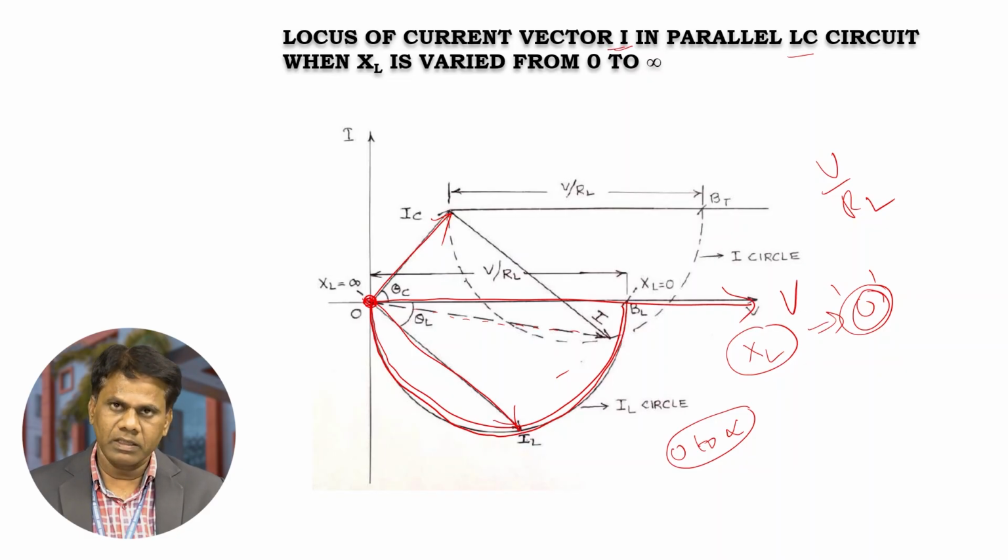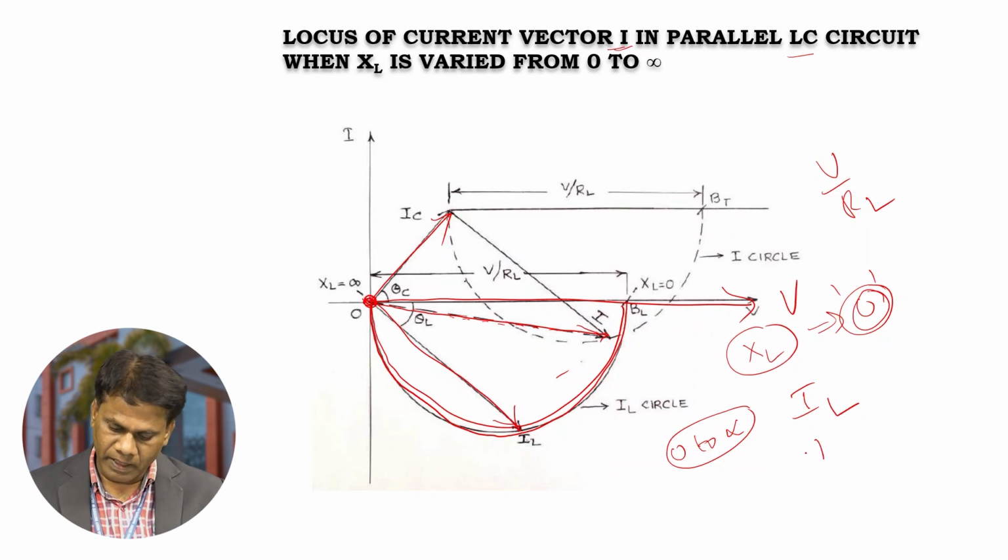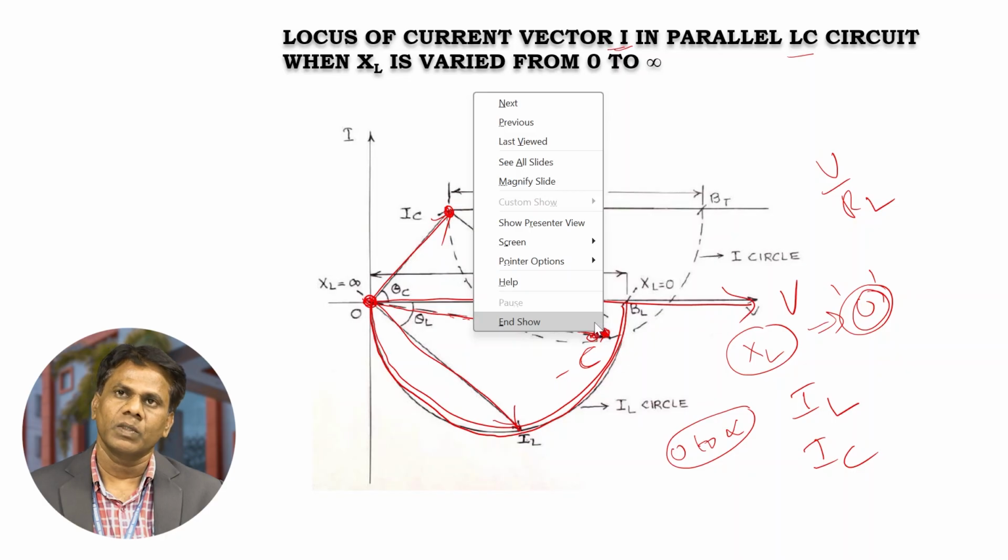Similarly, here in the LC circuit, we are going to draw the locus of the total current vector I. For that, I take the starting point of the vector IL and the tip of the fixed current IC. By combining these two points, we get a point C, which represents the locus of the total current.